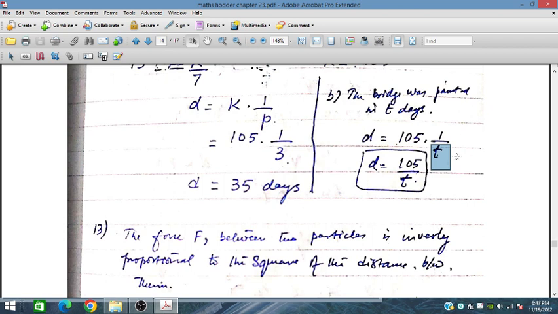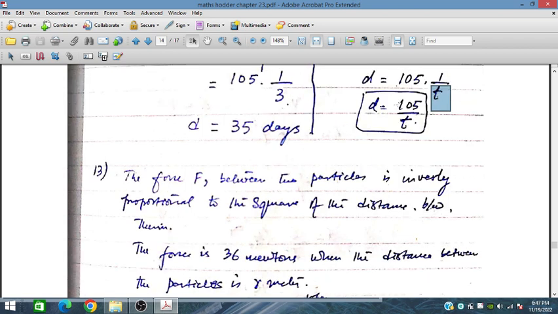So the number of persons, with this many people, the number of days required would be given by this relationship.